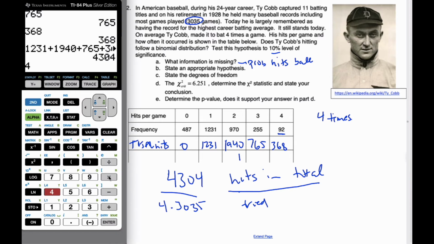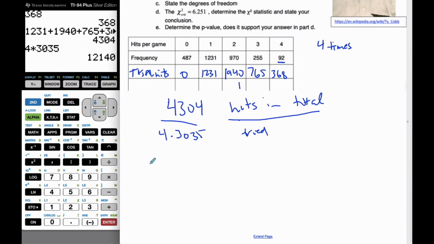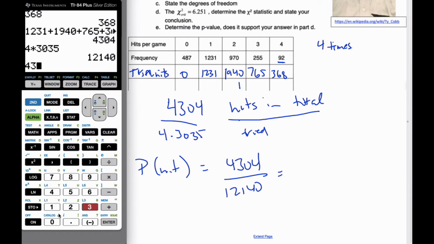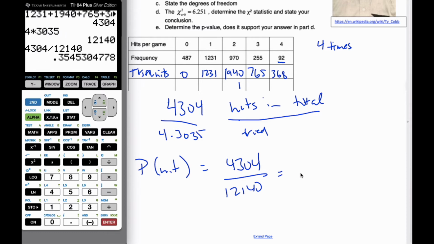So if I go 4 times 3,035, I get 12140. So the probability of him hitting the ball is equal to 4,304 divided by 12140. Which I get a probability.